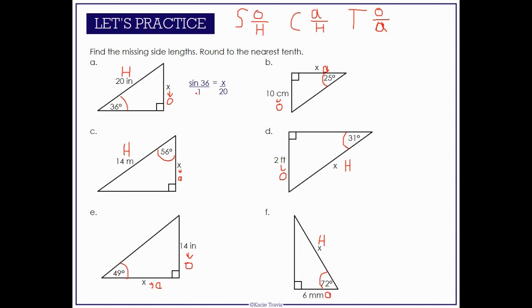Now, I put this 1 down here because whenever we see an equation like this, we're going to have to do a little bit of cross multiplication. So x is going to be multiplied times our 1 down there. Sine of 36 is times the 20. So you got x equaling sine of 36 times 20.